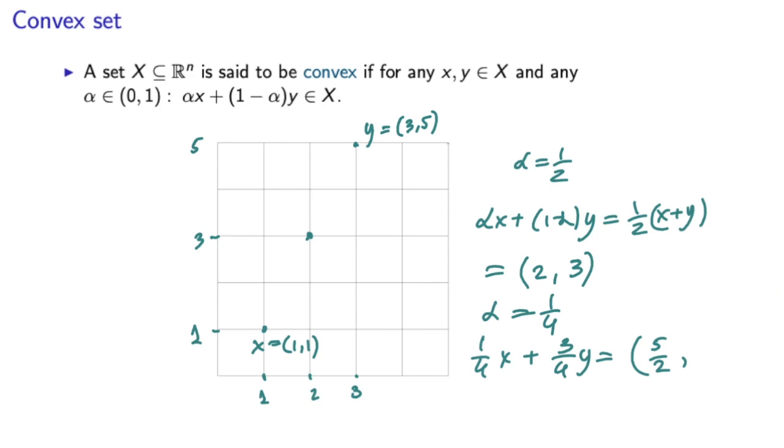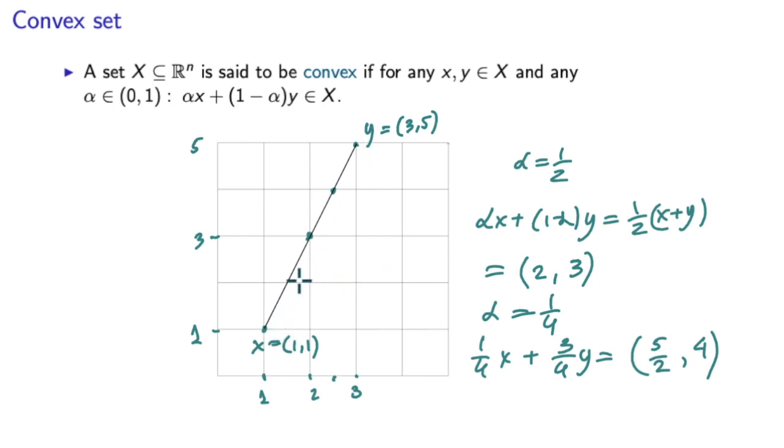And for the second coordinate, we'll have 1/4 plus 15/4, which is 16/4, which is 4. So we have 5/2, which is 2.5, so roughly here, and 4. So this is the point. It is clear that this point is also on the line segment between X and Y. Here is the line segment between X and Y.